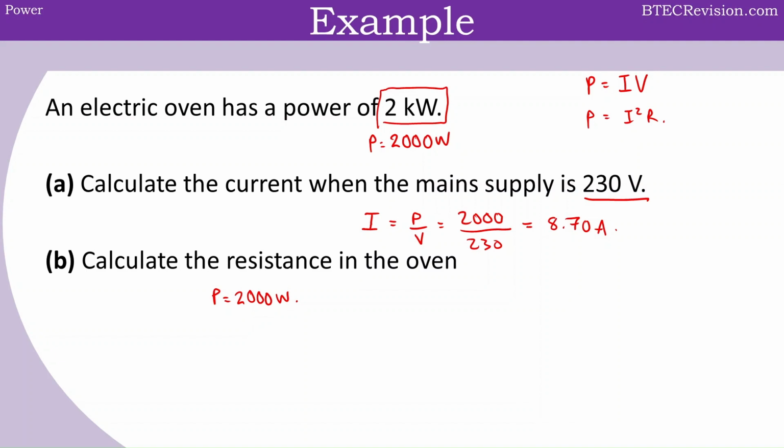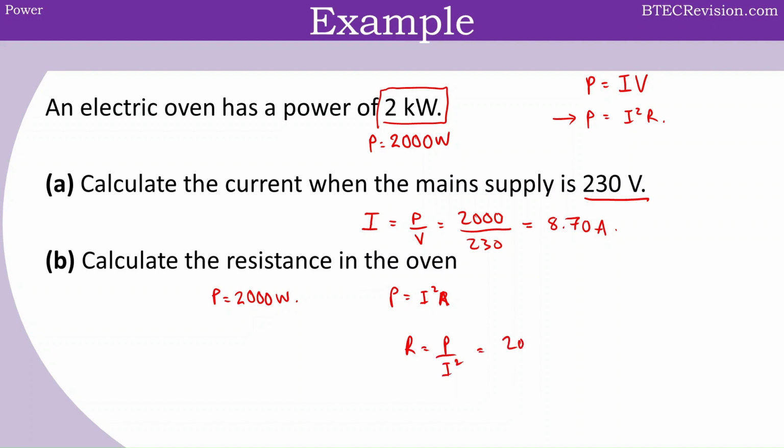And we want to calculate the resistance, so we need the second equation here. Power equals I squared times R. So rearranging for resistance, R equals power divided by I squared.